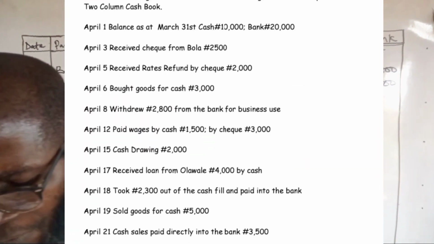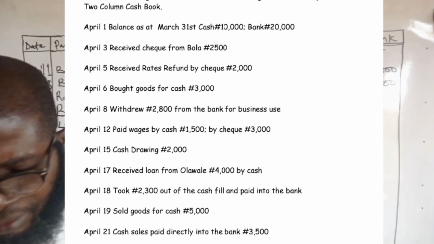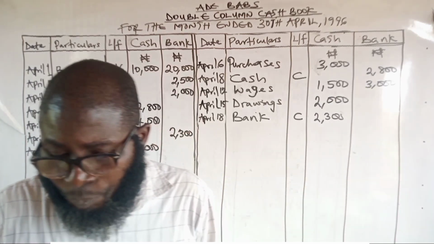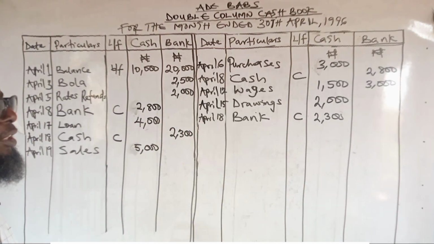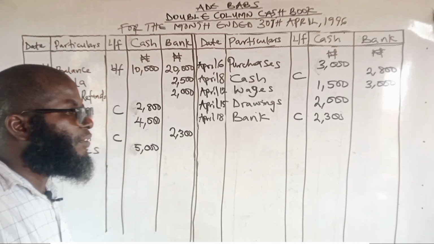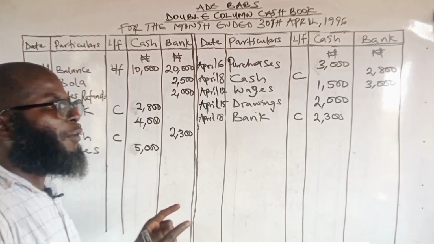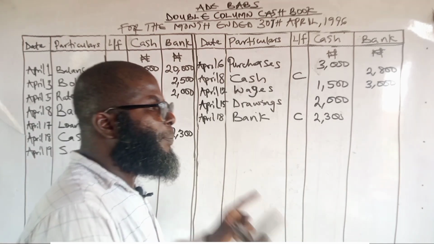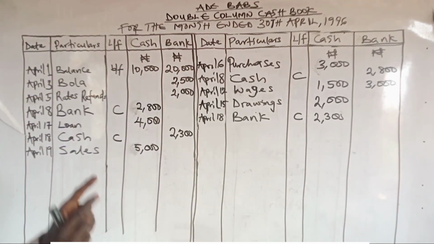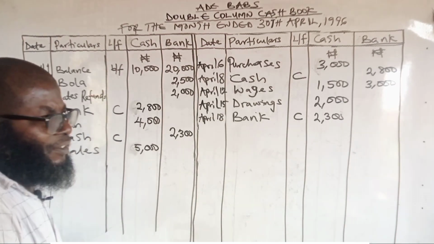Then April 21st, cash sales paid directly into the bank, 3,500 naira. Look at this question very well. This is not a contra entry. It's a confusing question. If someone sees this, you might think probably it is contra entry. But because of the words they put there, immediately or directly into the bank, the money is not landing in the cash account at the first instance.